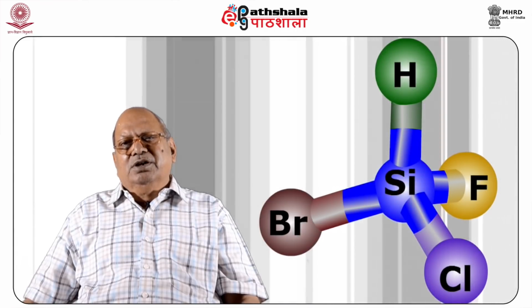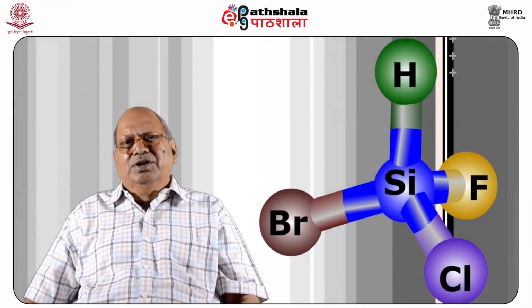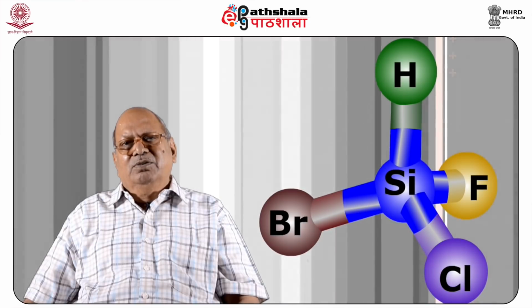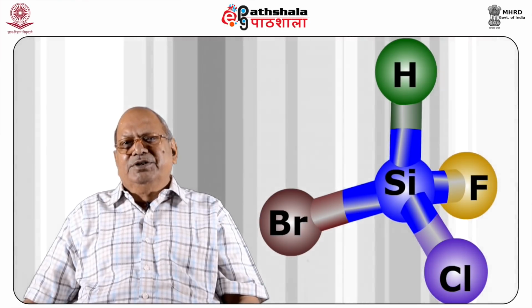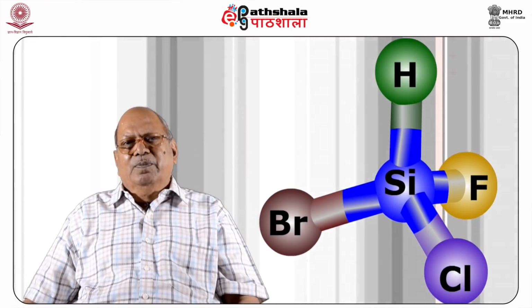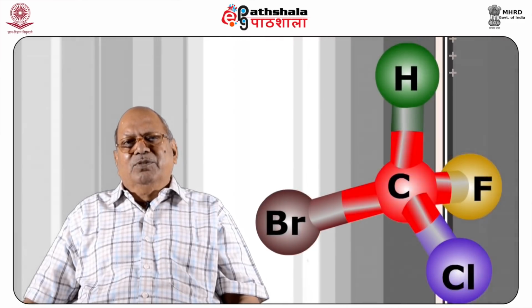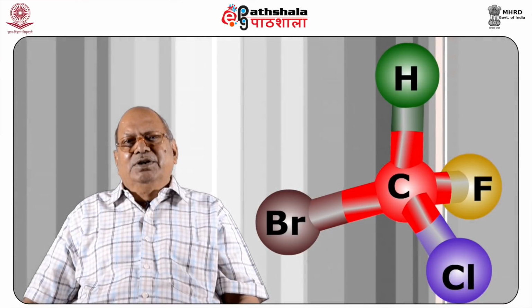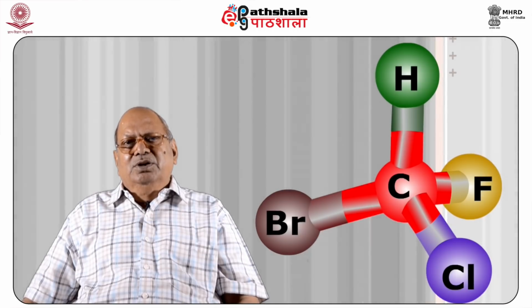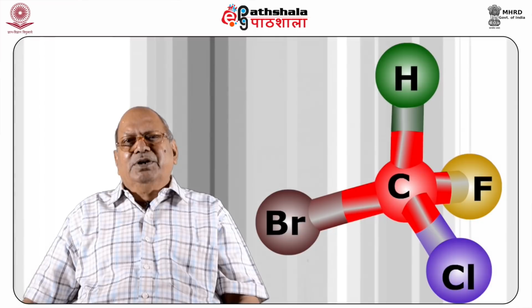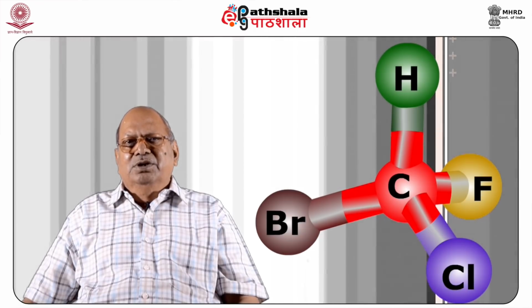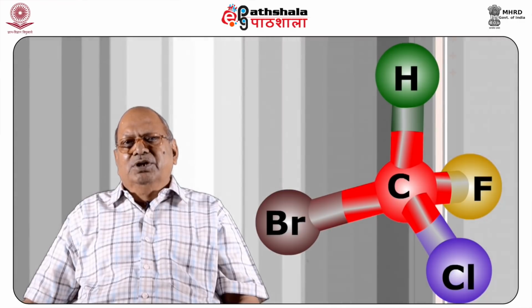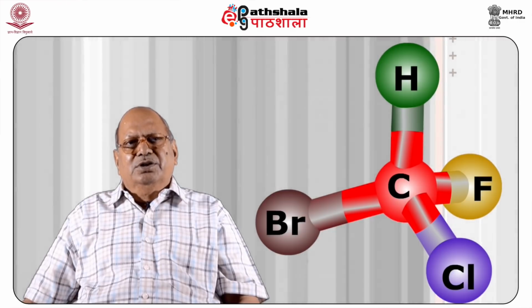Take the silicon compound, number three. Again, it is similar to the carbon compound and it also does not have any symmetry elements present in this molecule. Now, if I take the second molecule and give a 360-degree rotation to this molecule, it will again give me an identical molecule, and these types of molecules are mirror images of each other.